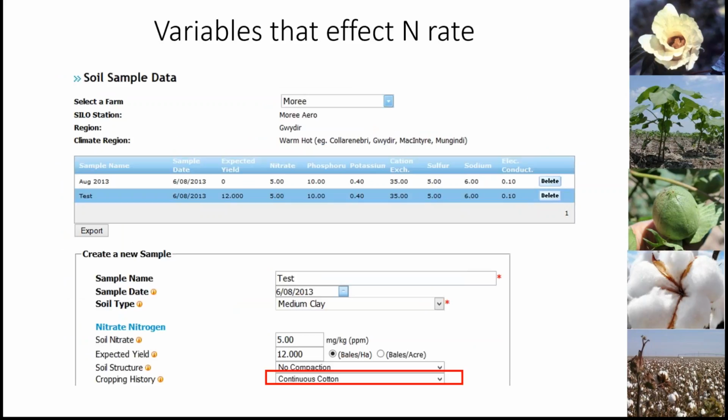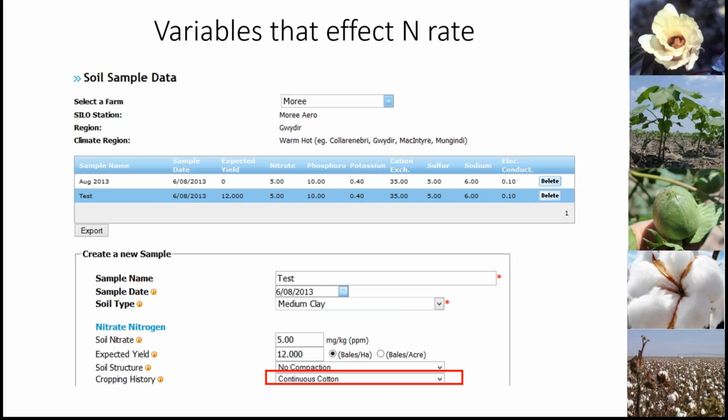Probably the largest effect in determining the efficiency of uptake and ultimately the rate, and all of these things I'm talking about go to actually manipulating the efficiency factor by which the nitrogen is taken up.